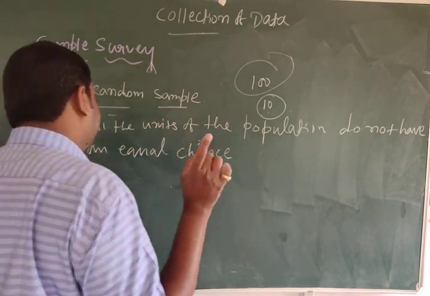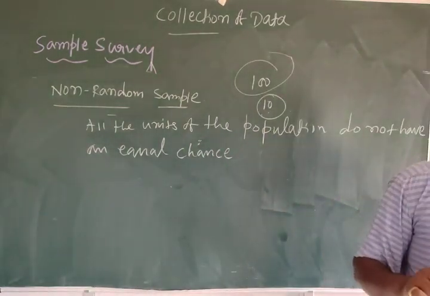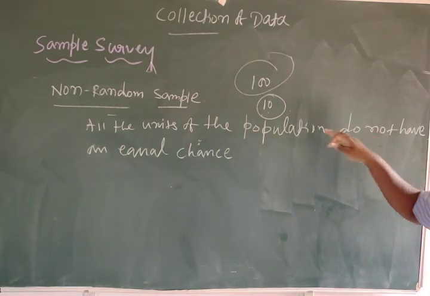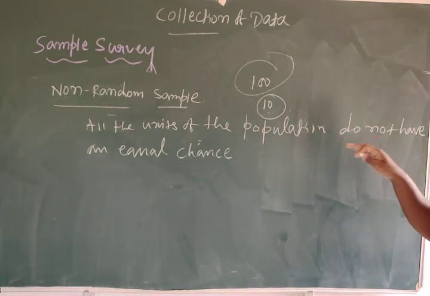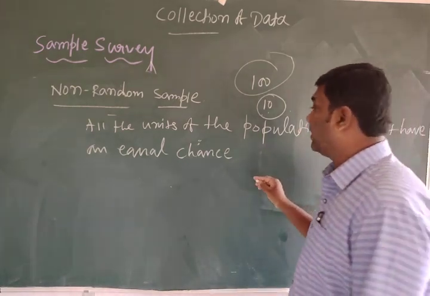But don't forget, in the random sample, each and everyone has the same chance, an equal chance. But in this, all the units of the population do not have an equal chance of being selected.